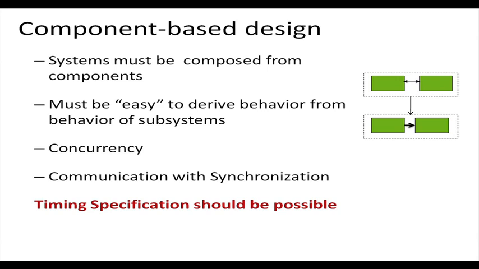So, in a model we have to capture first of all the components, their behaviors and how they communicate. Okay. And wherever possible, it is very much desirable, although all modeling languages do not provide it, that timing specification should be possible to express. Okay.